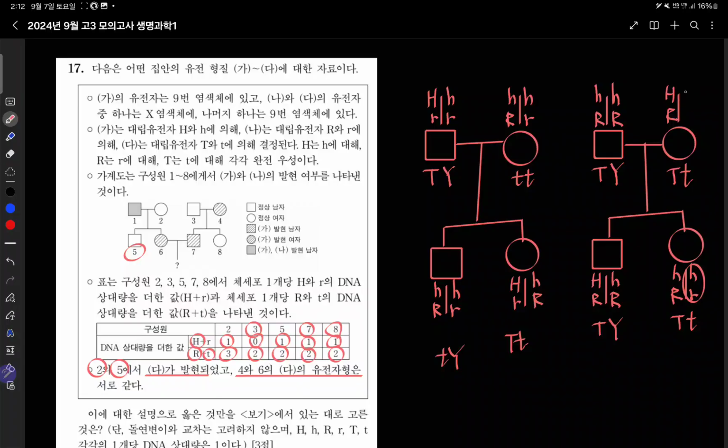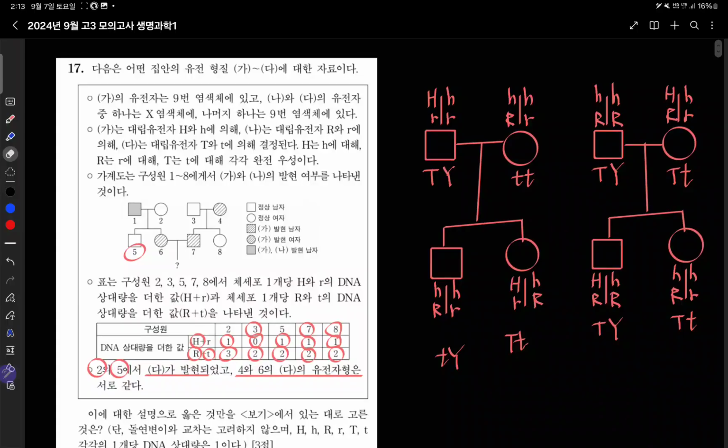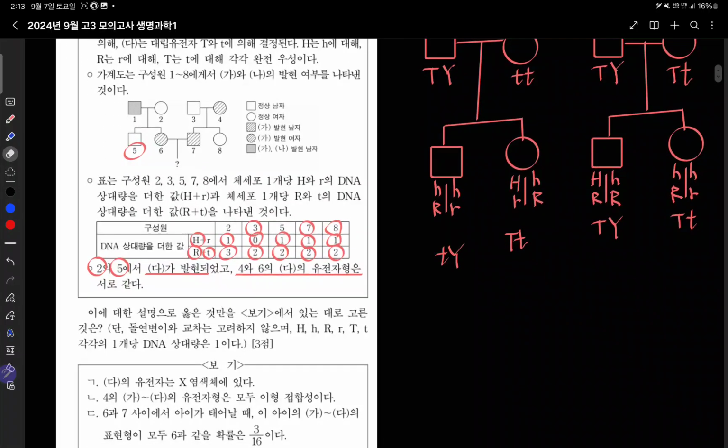So individual number 4 should also have the chromosome with the lowercase h and lowercase r. So in this problem, we don't consider the crossover. So the alleles on the same chromosome are always inherited together. So that's about the pedigree.